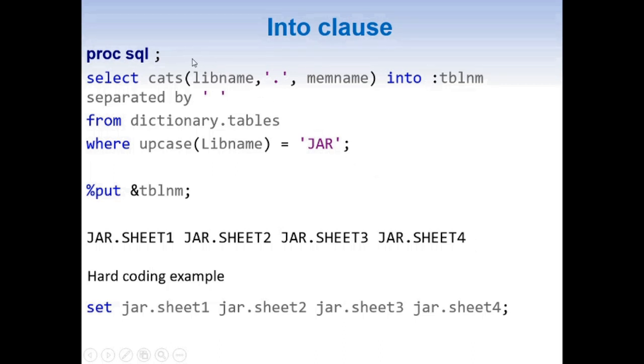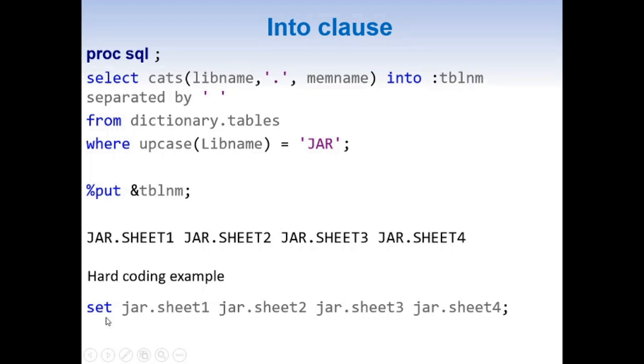The first one is we were able to capture all the values generated here into a single macro variable. And also this macro variable has captured all the sheets in the Excel file. This is very similar to what we have seen in the set statement for the hard coding example.